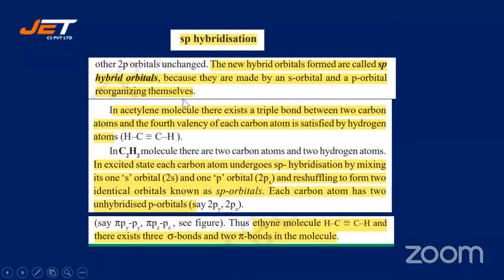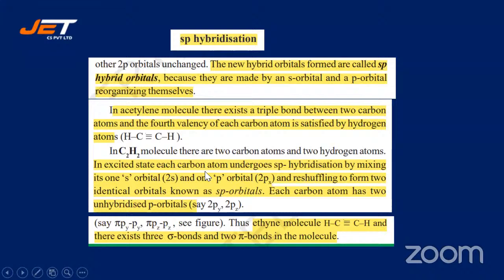And coming to sp hybridization, the new hybrid orbitals formed are called sp hybrid orbitals because they are made by an s orbital and a p orbital reorganizing themselves. In the acetylene molecule, there exists a triple bond between two carbon atoms, and the fourth valency of each carbon atom is satisfied by a hydrogen atom.